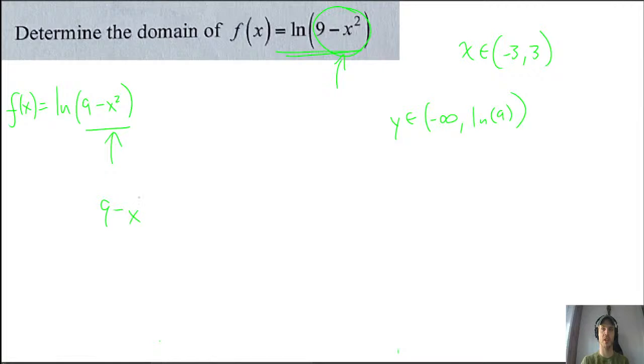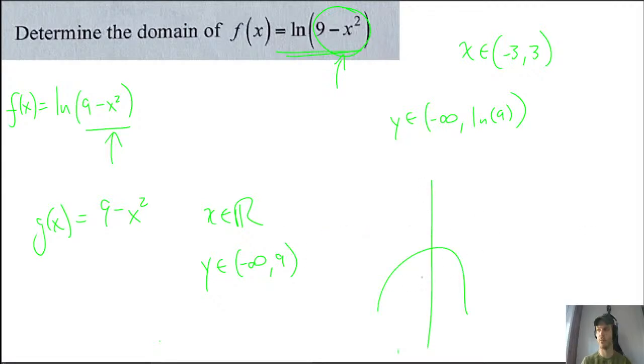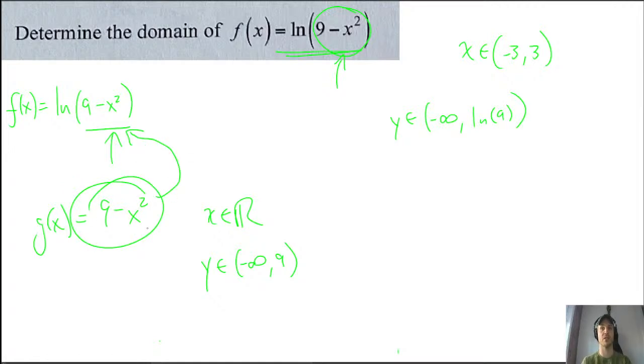If we have another function g of x, for this function, x can be any real number, and y would be -infinity to positive 9, because it's that concave down parabola. So the y's that can come out of this function will be the inputs to this function. And I hope that makes sense. It's pretty straightforward after you've been doing it for a decade, but the first time you hear this, it's a little confusing.